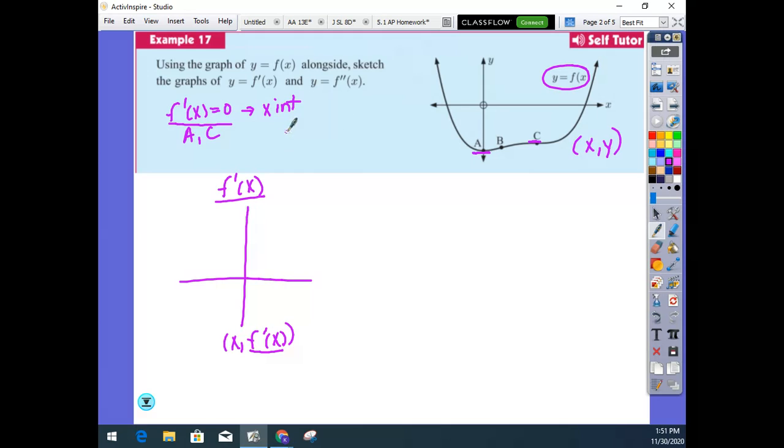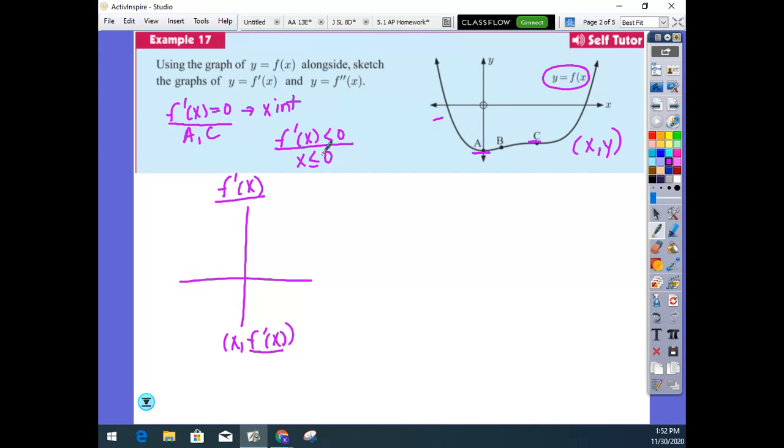I also need to decide, where is my derivative less than 0? When I look at this graph, it's decreasing and the rest of it's increasing. Notice how A is where x is 0, so it's less than 0 where x is less than 0.